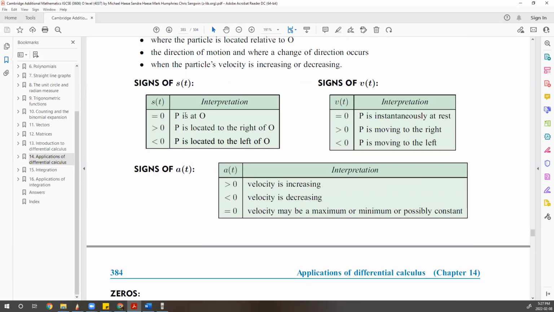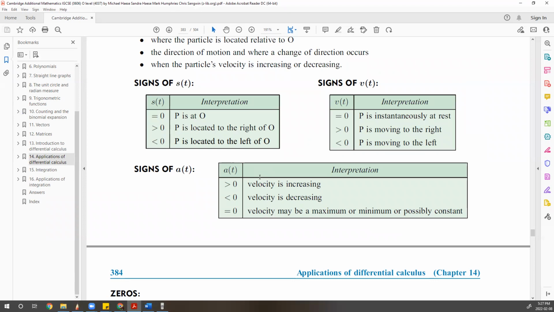So if s at t equals 0, P is at origin. When s is more than 0, it's on the right. Positive is on the right, negative is on the left. For v, positive is moving right, negative is moving left. For a, if it is positive, the velocity is increasing, positive acceleration, and if a is negative, it is retardation or deceleration.